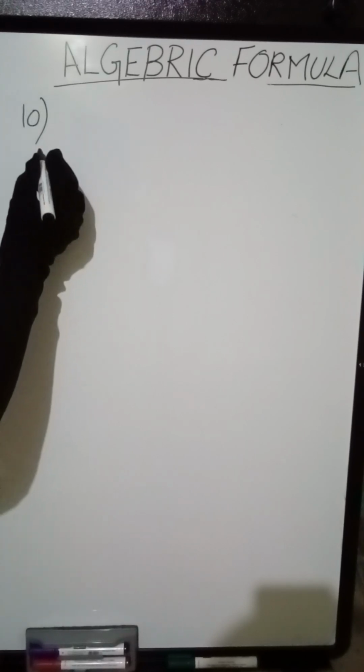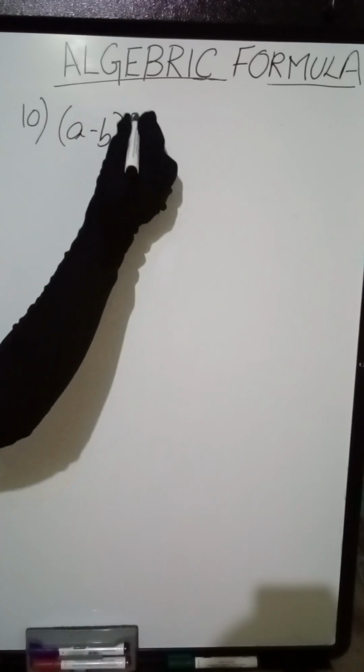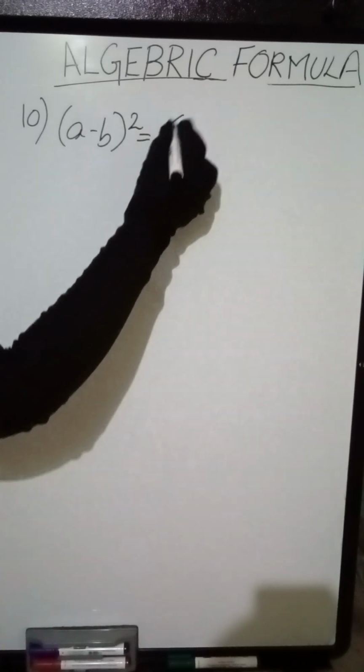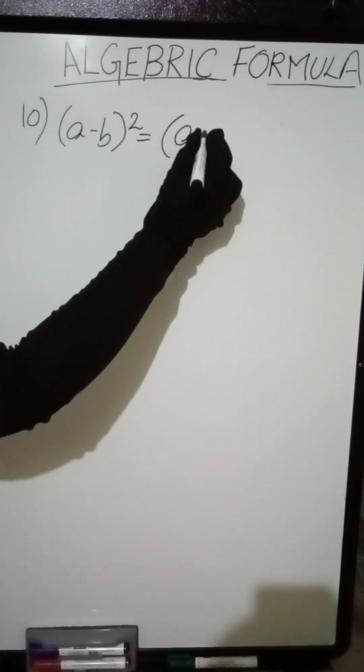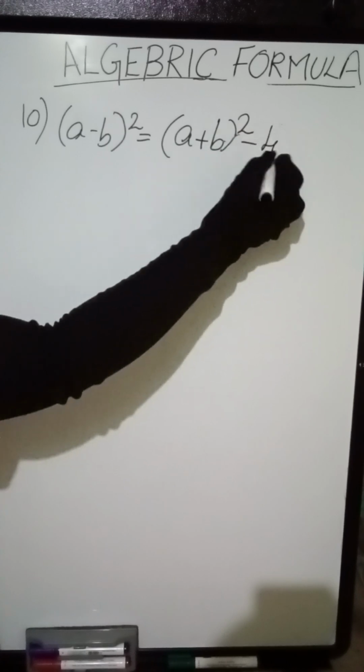Now we will write the 10th formula, which is nothing but we can write a minus b the whole square as a plus b the whole square minus 4ab.